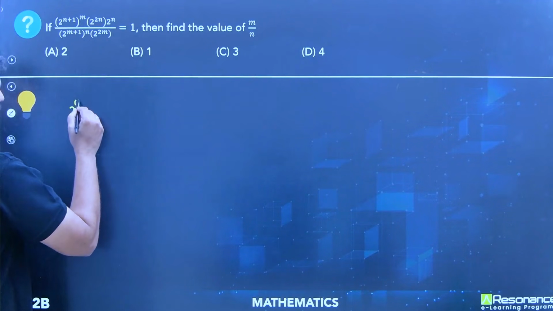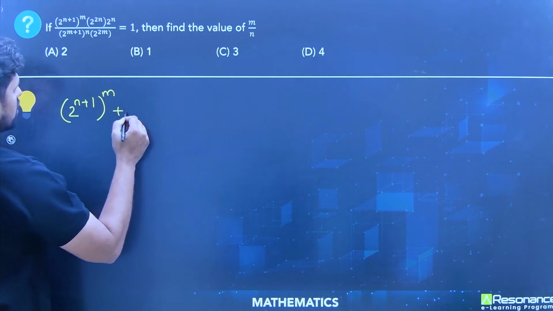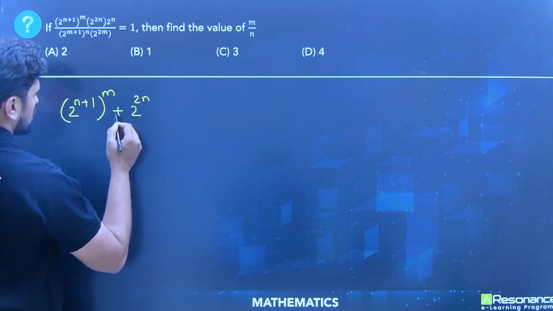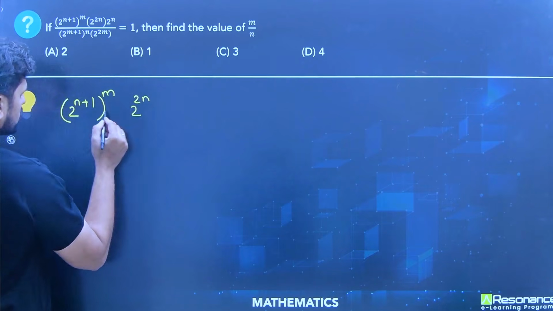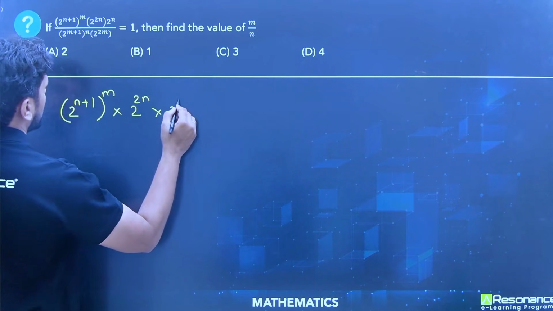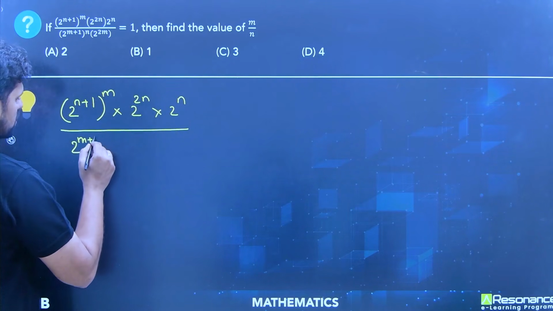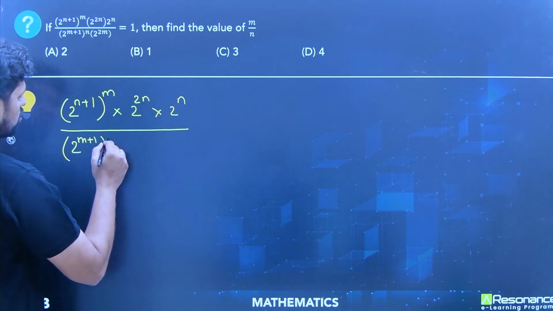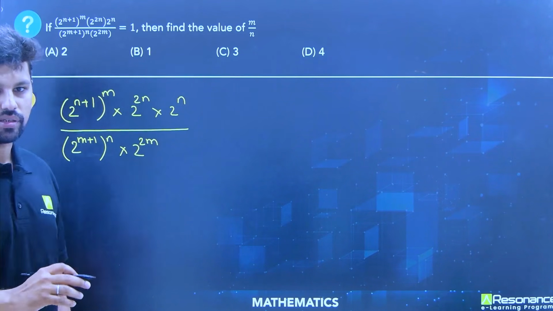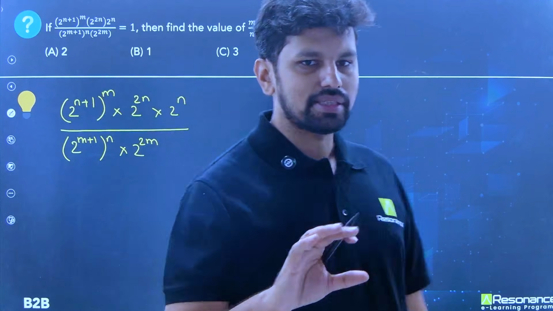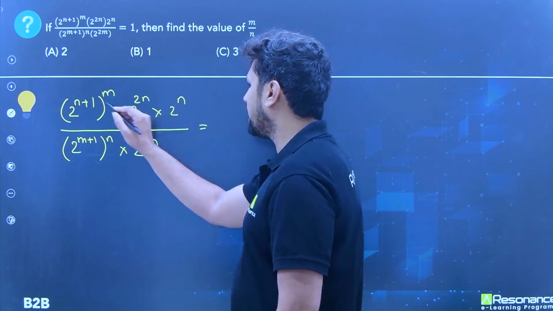So 2 to the power n plus 1 whole to the power m is given. Then 2 to the power 2n is given. Okay, it's multiplied here, into 2 to the power n is given, upon 2 to the power m plus 1 whole to the power n into 2 to the power 2n. This is the question given here. Okay. All bases are same. All bases are same. So power will get added.